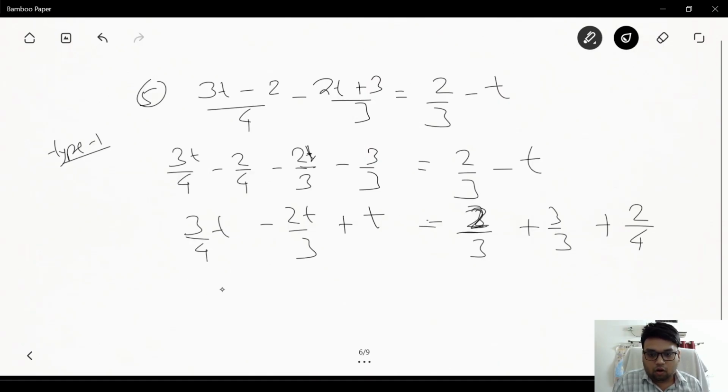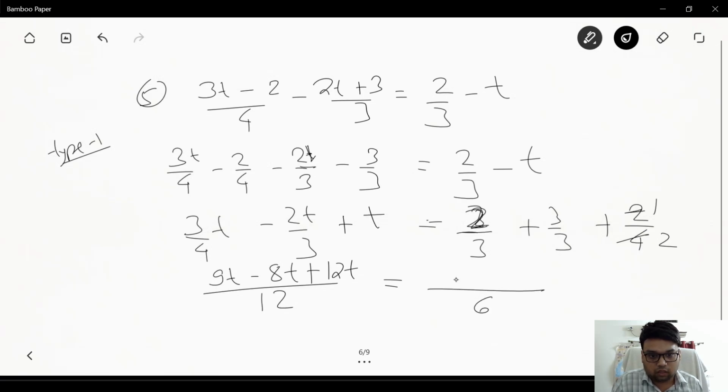Now the LCM is 12. 4 threes are 12, so 9t, minus 4 twos are 8, 8t, plus 12t, is equal to... here the LCM is 6. 3 twos are 6, 2 twos are 4, plus 2 threes are 6, plus 3.